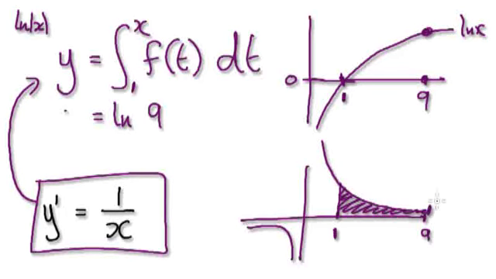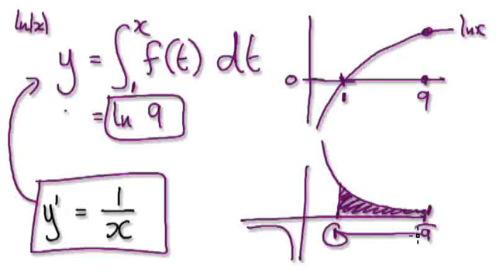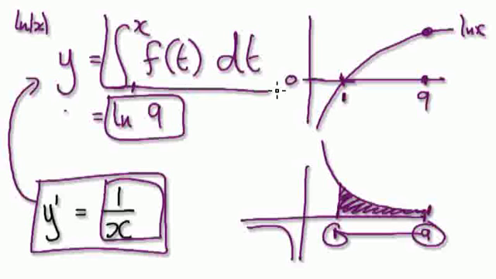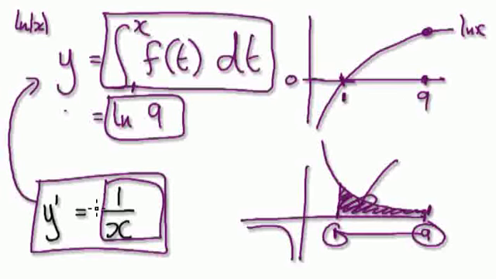So the natural log of 9 is really the area from 1 to 9 under the reciprocal graph. This allows us to visualize the natural log in terms of area of the reciprocal graph. I will elaborate more on it in the next video.